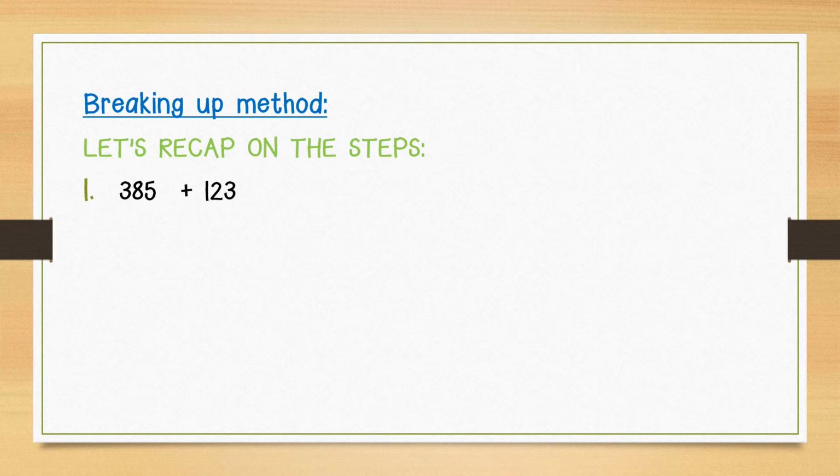So when we're using our 3 steps, our first step is we must break up the numbers into hundreds, tens, and units. Our second step is we must add all the numbers together. That means the hundreds, the tens, and the units. And the third step is that we will get our final answer.